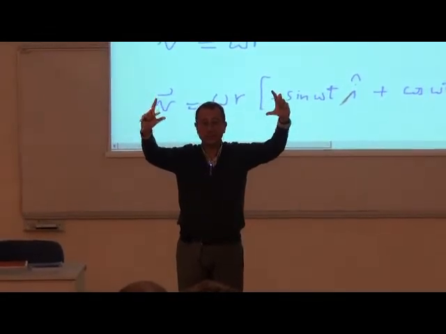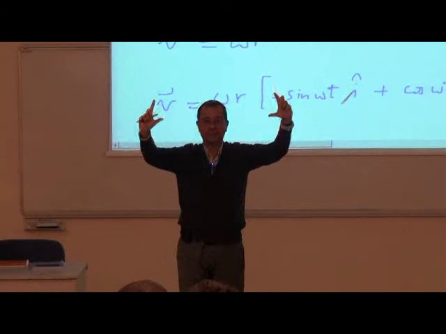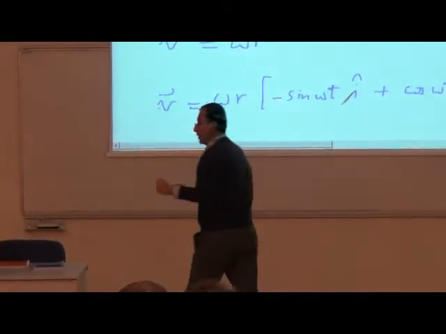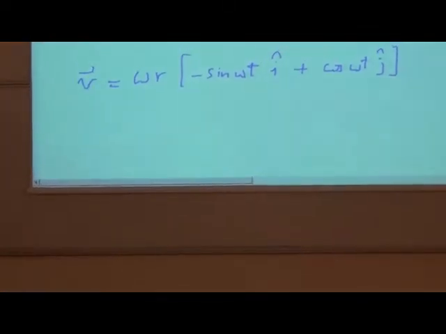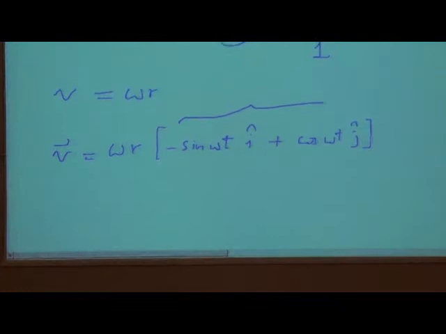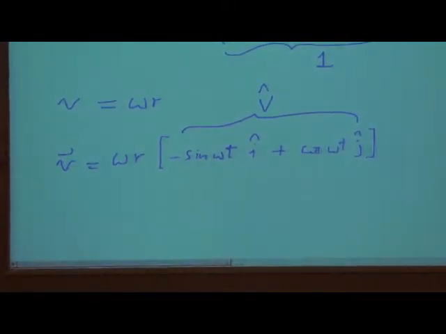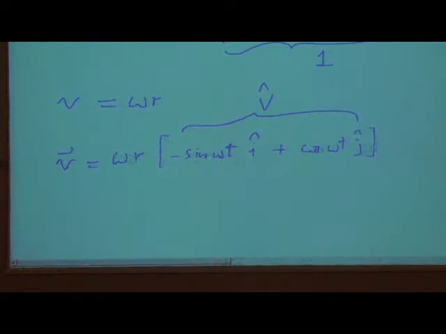It is a vector, but it is a unit vector. Right? It is a unit vector for velocity. So I will recognize this as a unit vector, and I'll call it v hat. The unit vector giving the direction of velocity.